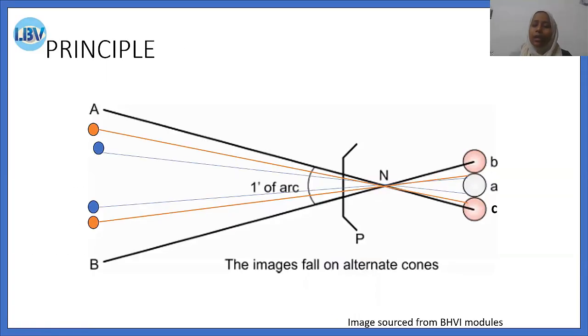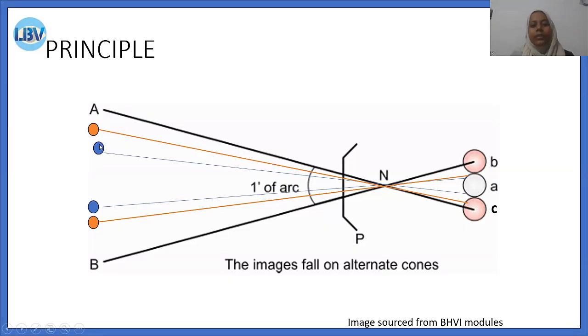Moving ahead, we should first understand the principle. How does this work? These charts are simply designed on what? In this diagram, we have B, A, and C. These are three cone cells in the fovea. For example, these blue objects are two different objects.